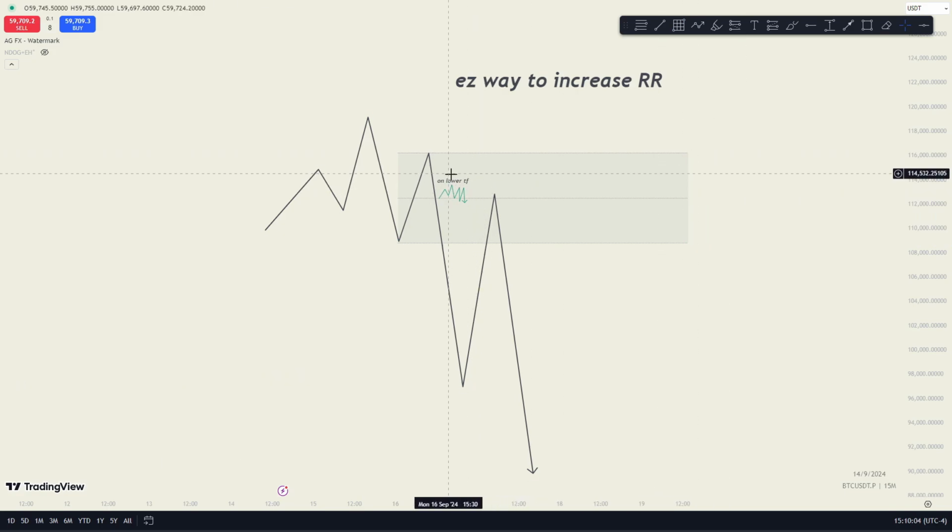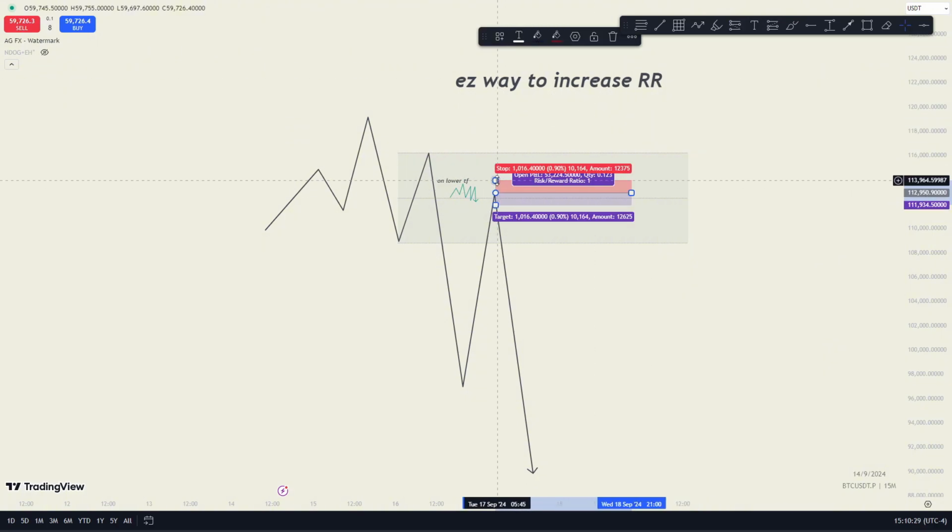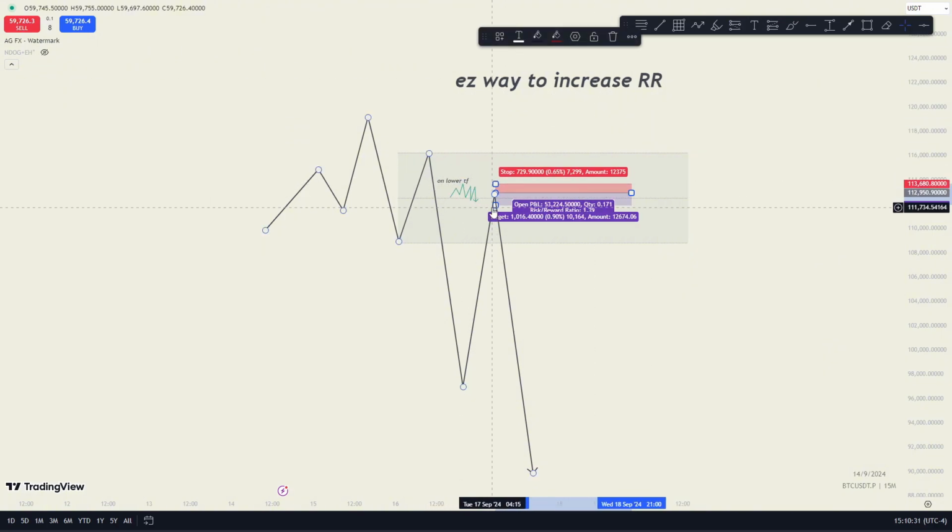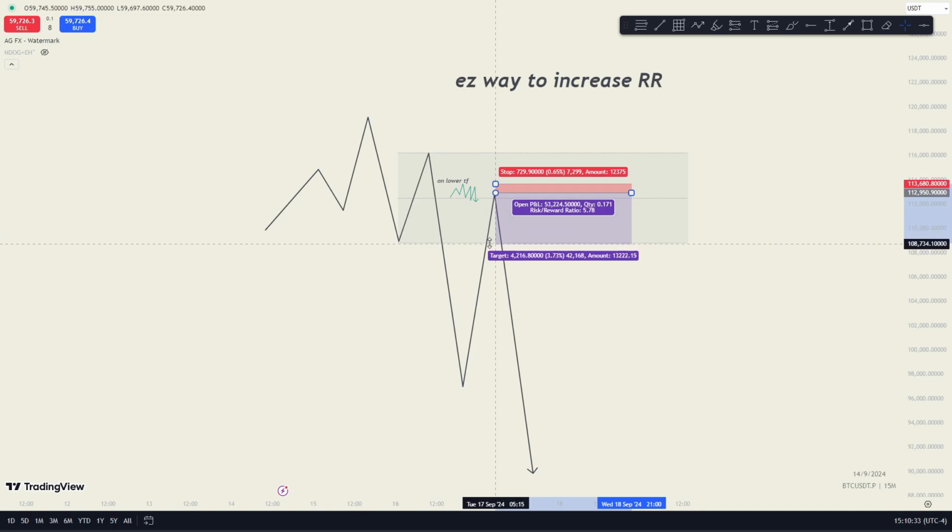Is to find lower time frame zones around 50%, preferably above if we're talking about shorts, and below if we're talking about longs of the zone. So if we have this bearish zone, so we are willing to take a short, we can drop down on the 1 minute chart and find a little either consolidation or zone inside of this zone, and then we enter off of that zone and put our stop above it, but we target the low of the bigger zone.